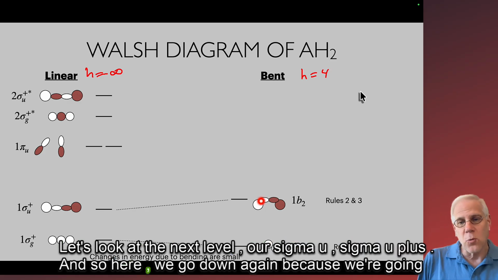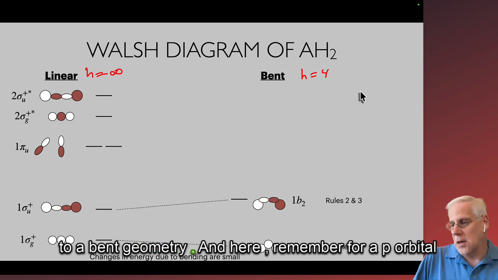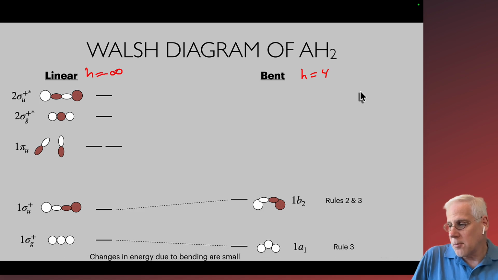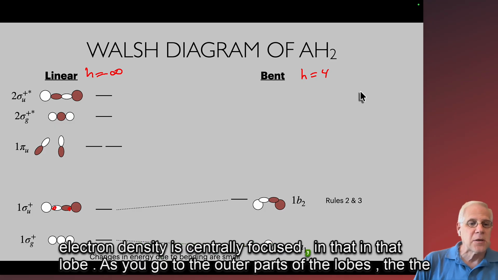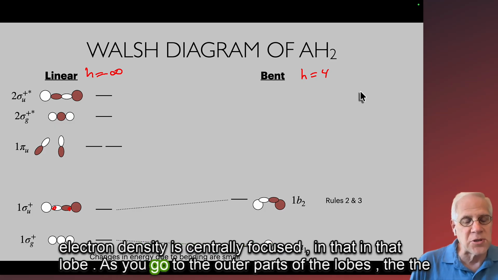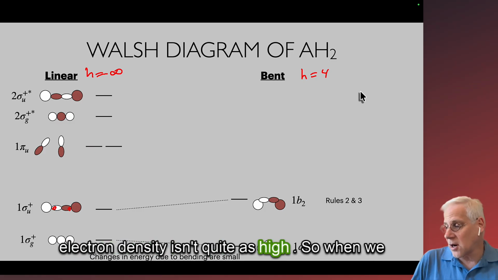And so here we go down again because we're going to a bent geometry. And here, remember for a p orbital, most of your electron density is centrally focused in that lobe. As you go to the outer parts of the lobes, the electron density isn't quite as high.